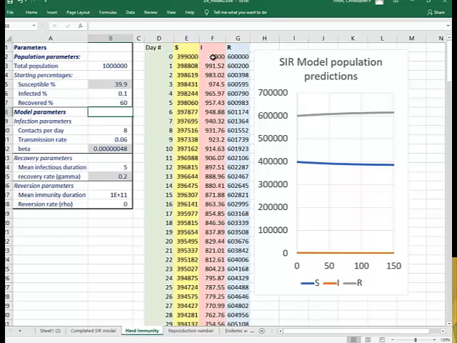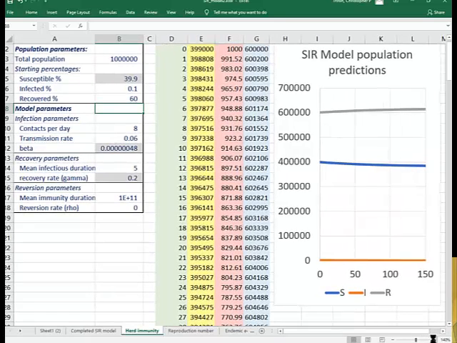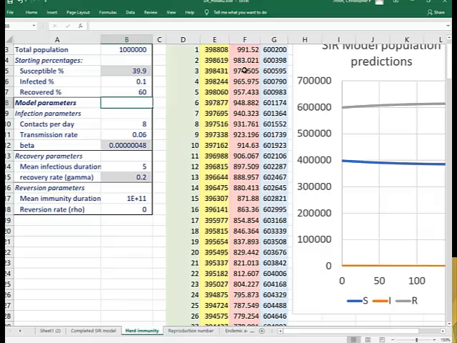Notice that here the infected are decreasing. Let me zoom in so you can see that better. The infected numbers here are decreasing. There are so many recovered in the population that new infections do not happen very quickly. Why is that?